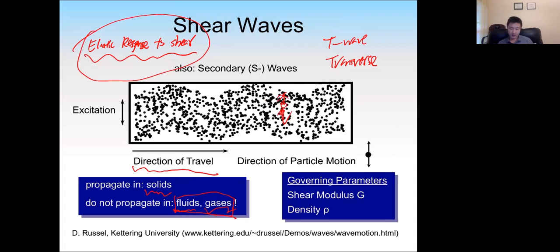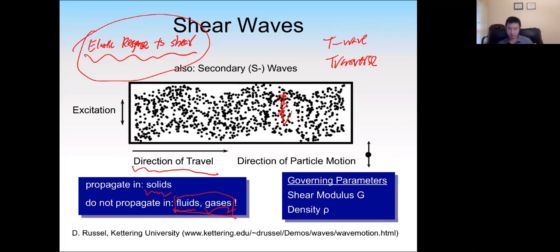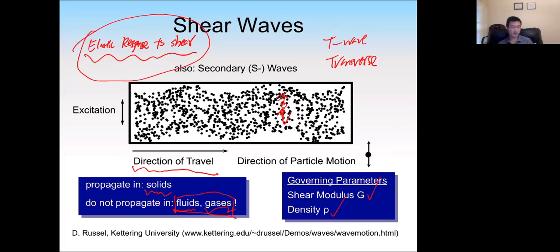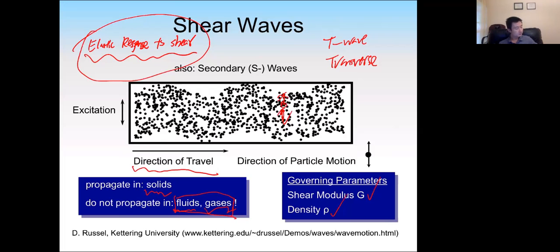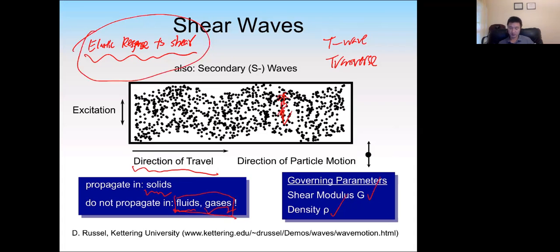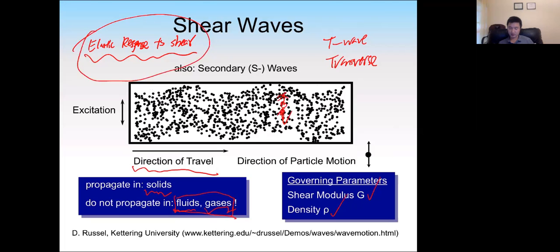Okay. And the speed of shear wave is governed by shear modulus, G, and also the density of the materials. All right. Let me know if you have any questions about this. Okay.